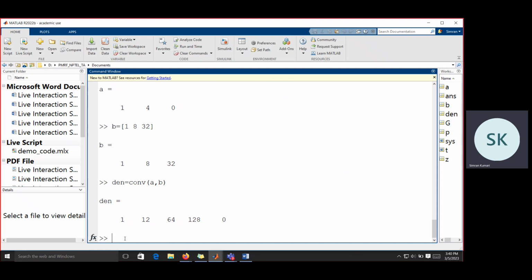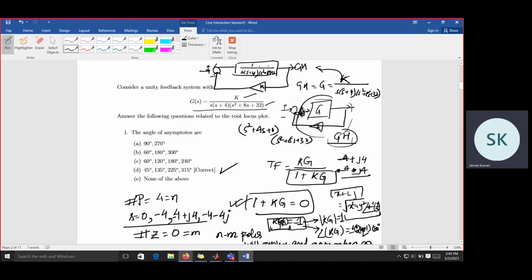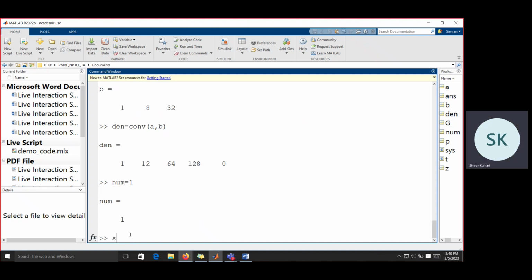In the numerator, we have only 1, because we are analyzing this system. So we'll apply the transfer function command and create a system with this numerator and denominator.